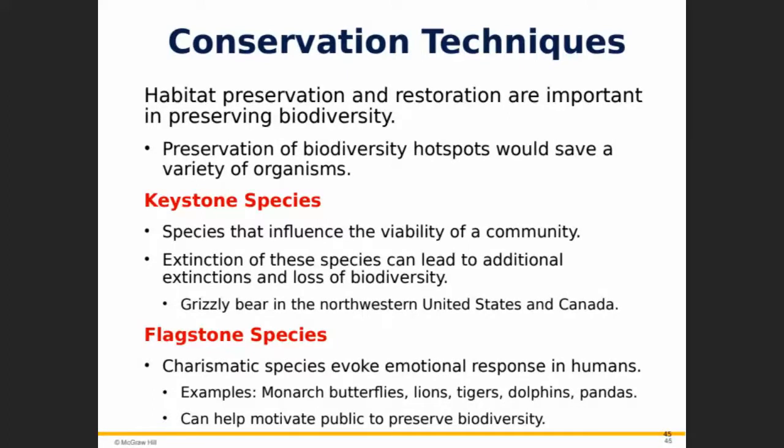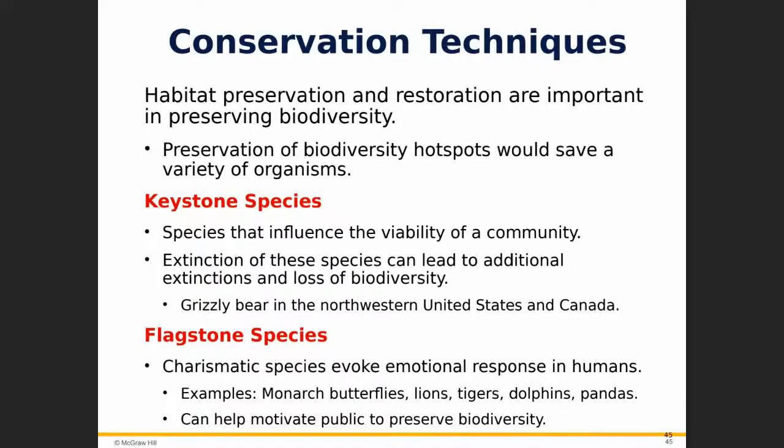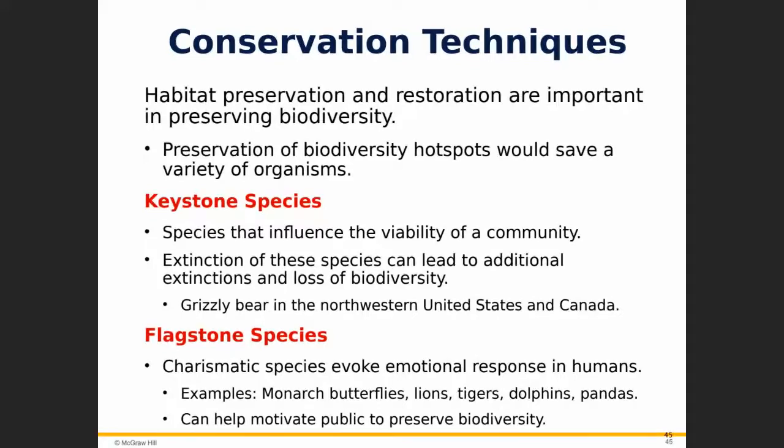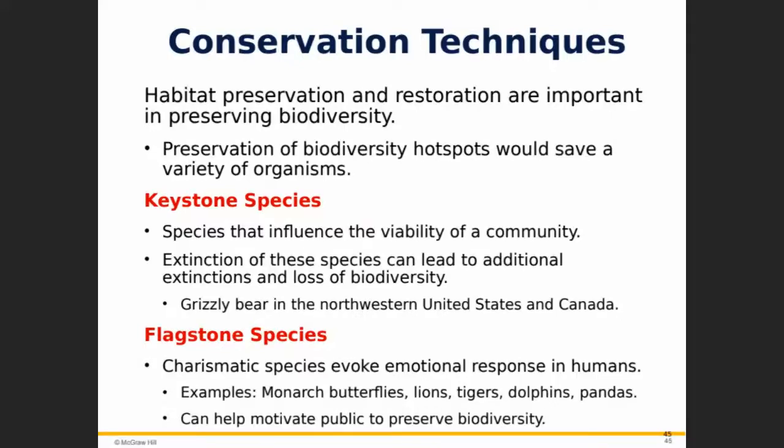Keystones, however, should not be confused with the flagship species. Flagship species evoke a strong emotional response in humans. Flagship species are considered charismatic, and are treasured for their beauty, acute strength, or regal nature. These species can help motivate the public to preserve biodiversity.